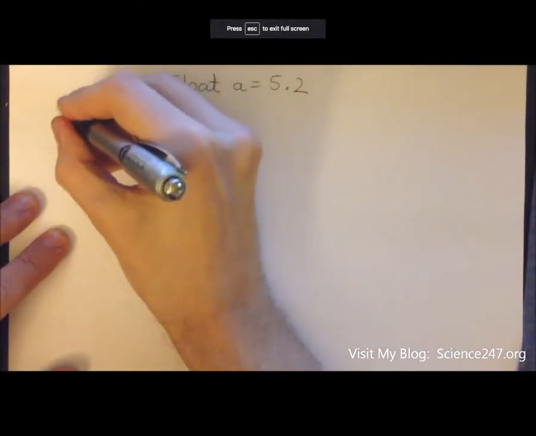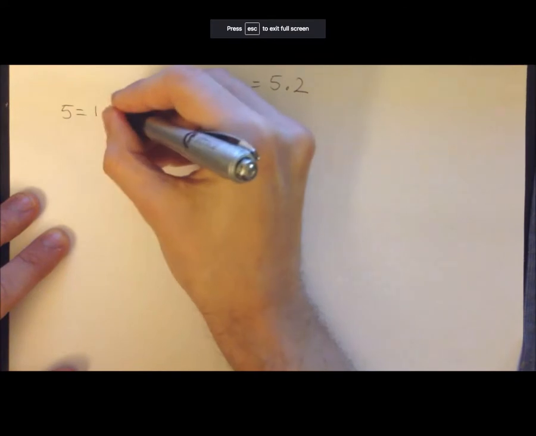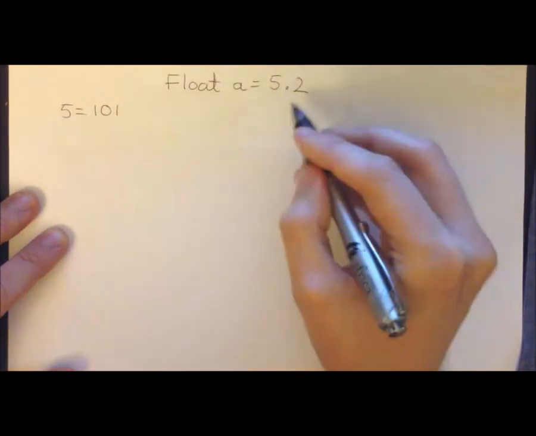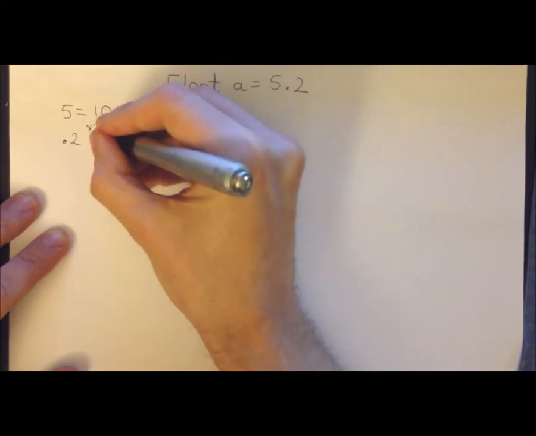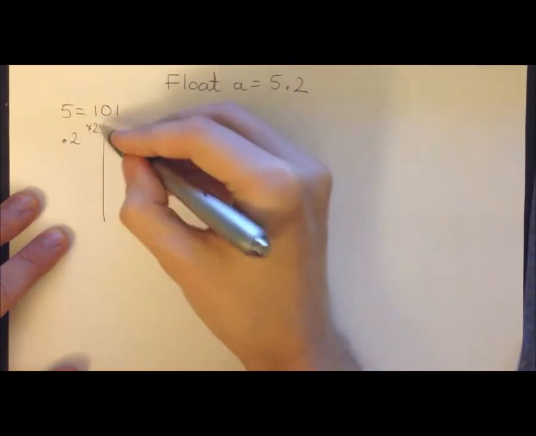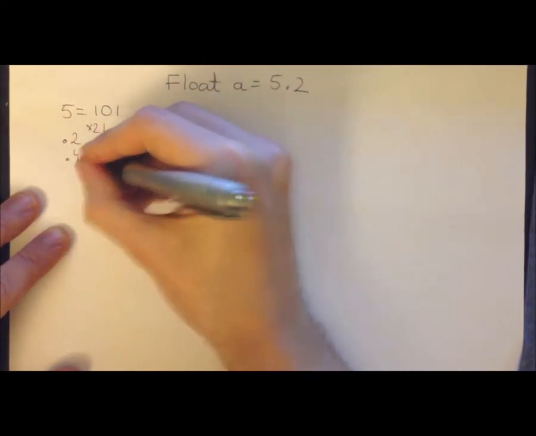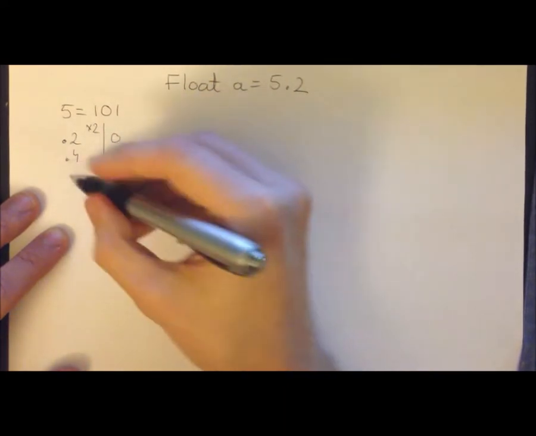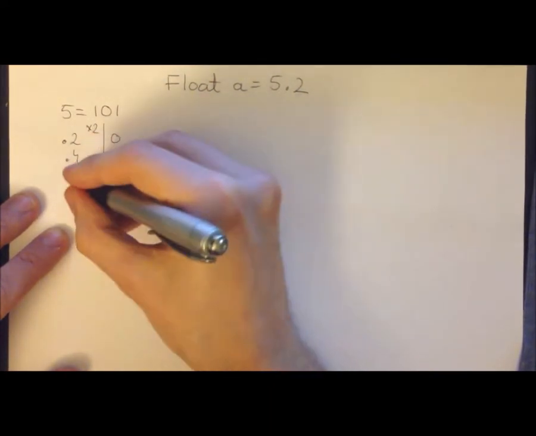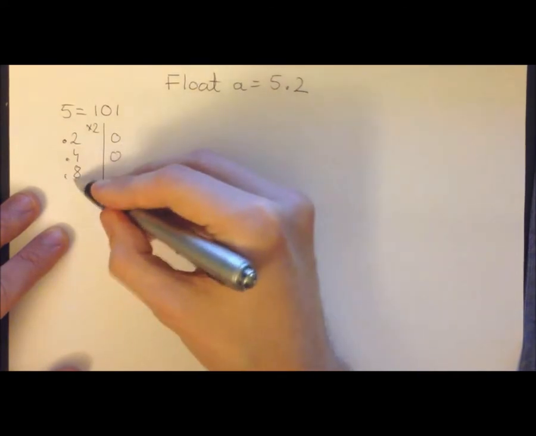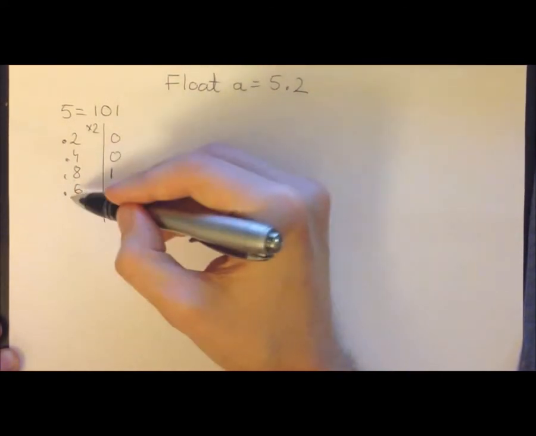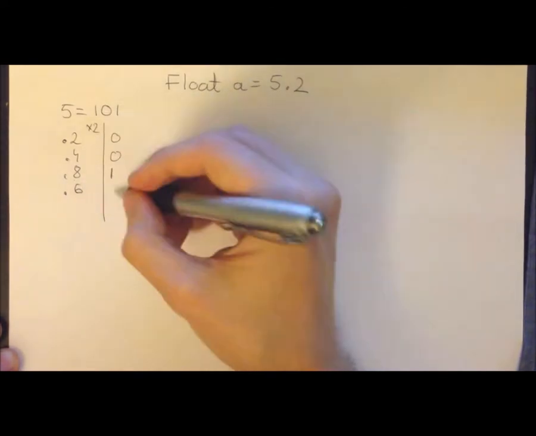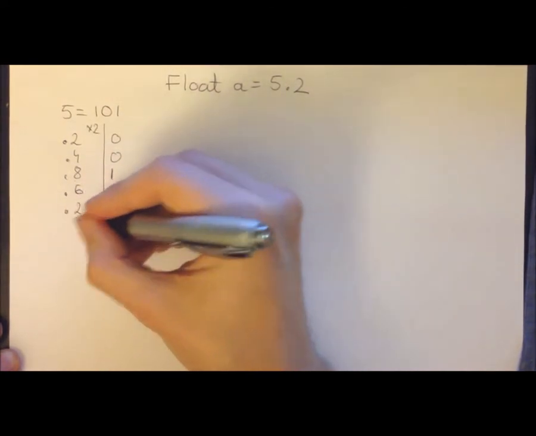Number 5 can be represented in binary as 101. 0.2, we are converting to binary by multiplying it by 2. 0.2 times 2 is 0.4, 0. 0.4 times 2 is 0.8, 0. 0.8 times 2 is 1.6. 1.6 times 2 is 1.2.